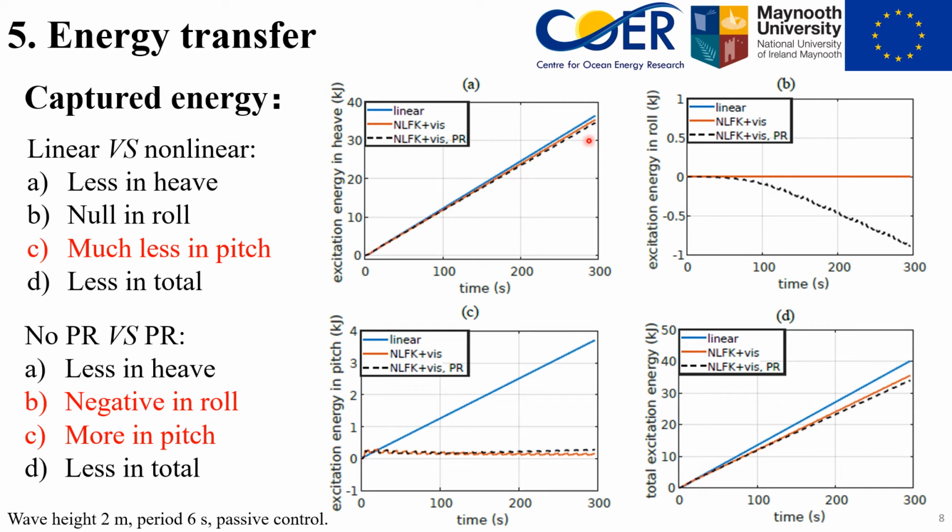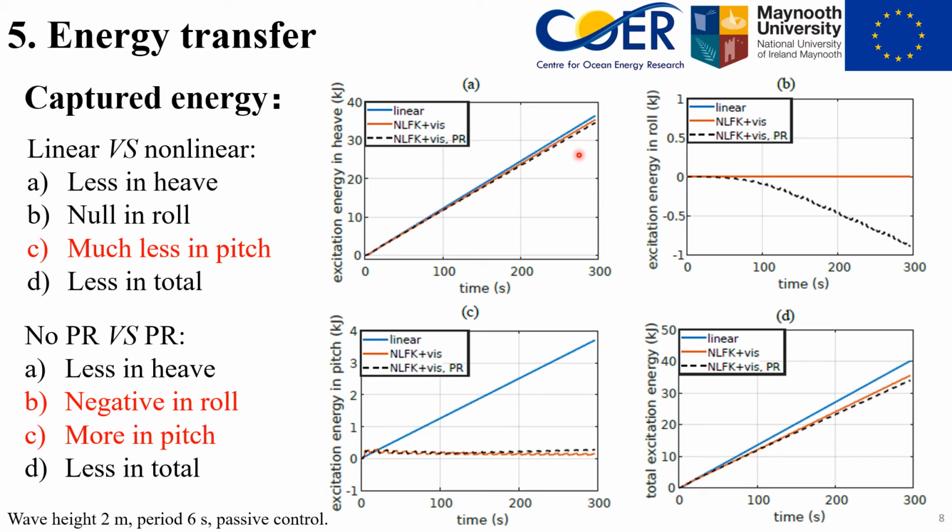Comparing the linear and nonlinear modeling, the captured power for the nonlinear model is slightly less in heave, and no energy in roll, and much less in pitch, and slightly less in total.